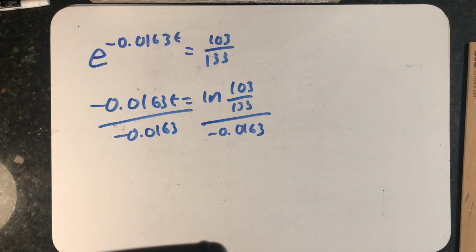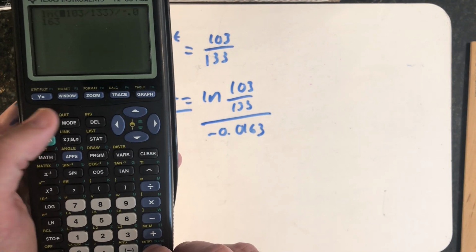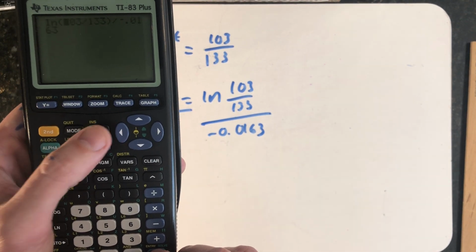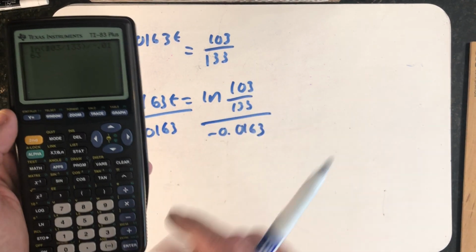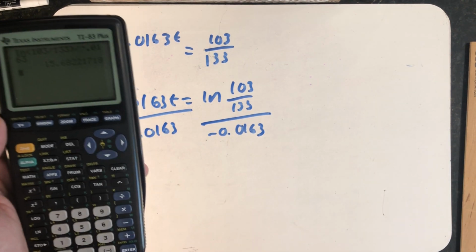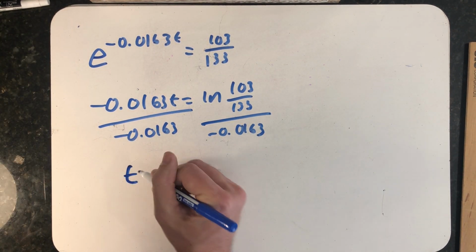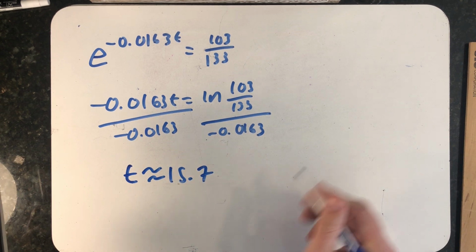And apparently I didn't type everything in correctly. I have an extra set of parentheses there, so we're just going to delete that. All right, so natural log of 103 over 133 divided by that value, minus 0.0163. Now I think I'm ready. And I find that t is about 15.7.